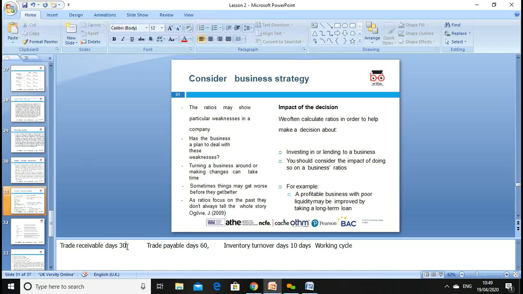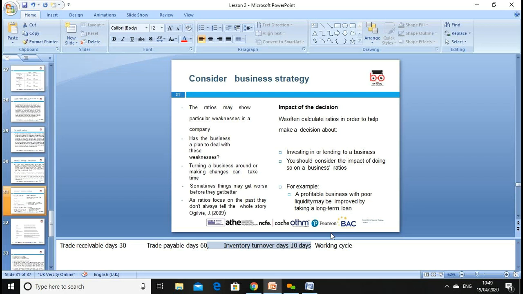Or further, you can look at trade receivables, where we have 30 days, trade payables in 60 days, and inventory is converted into finished goods in 10 days. So what is the working capital cycle? 30 plus 10 minus 60. So you need to think there is a cycle of around 20 days.